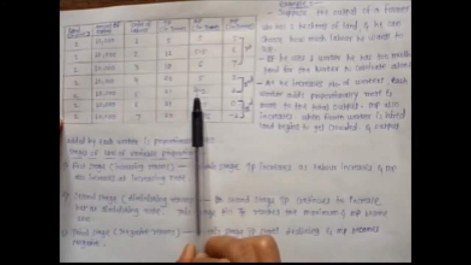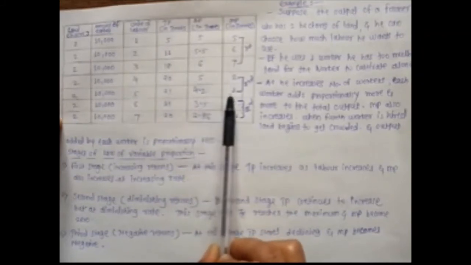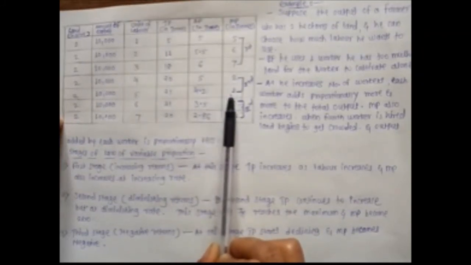But the average product decreases to 4.2 tons and marginal product also decreases. Means the second stage is the diminishing returns stage. Why? Because in the second stage total product continues to increase, but at a diminishing rate, until the total product reaches the maximum and MP becomes 1.